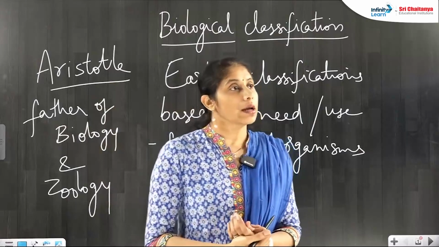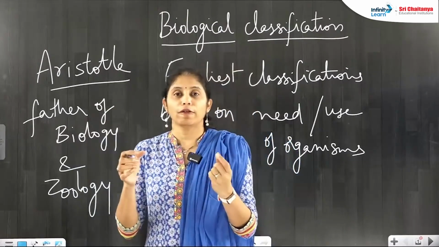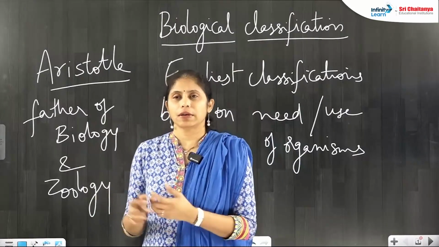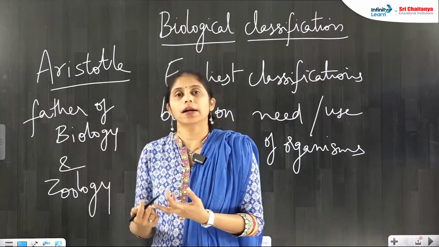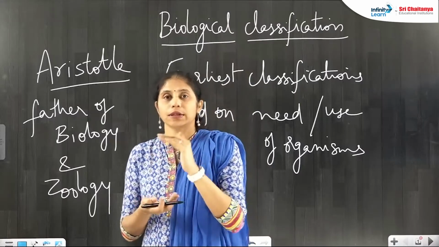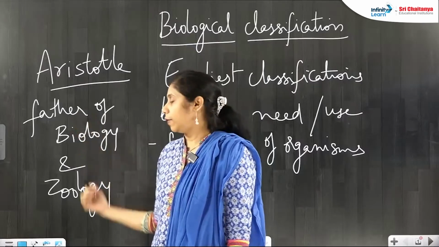But why do we call him the father of biology? He also classified the plants based on morphological characters. He took morphology, like the height of the plant roughly, and classified the plants into trees, shrubs and herbs. Trees are the largest, shrubs and the small ones are herbs. So that is why he is considered the father of biology and the father of zoology.